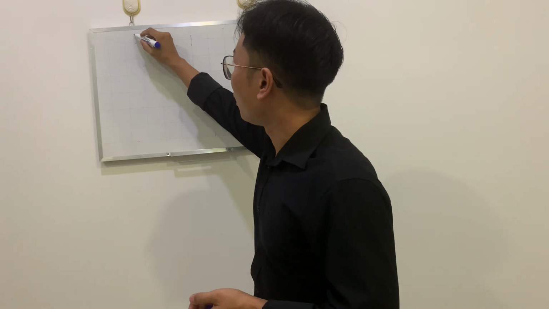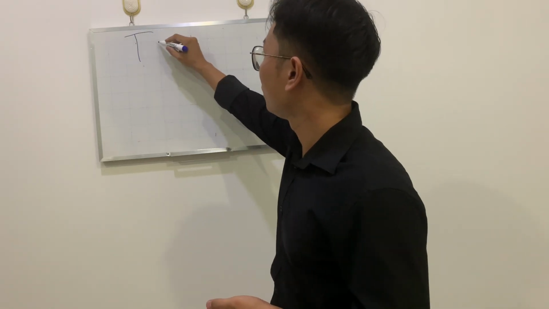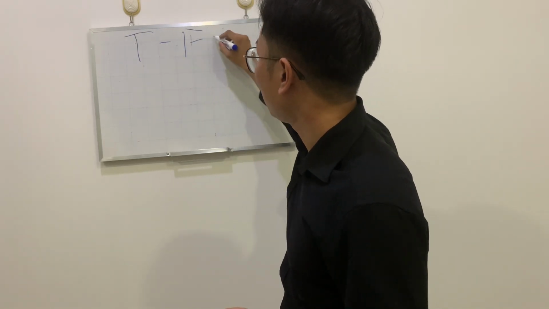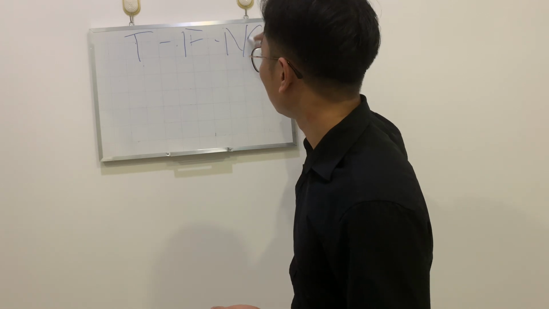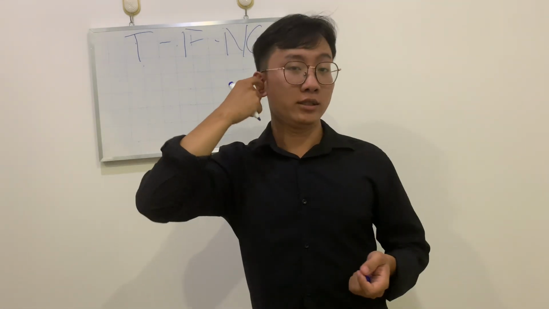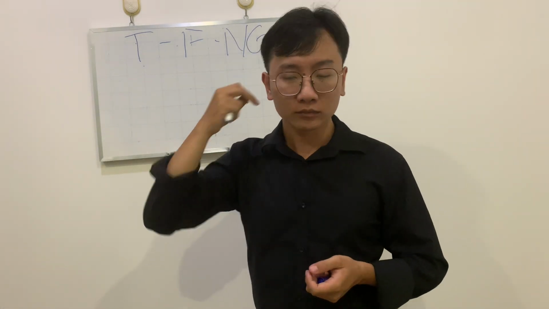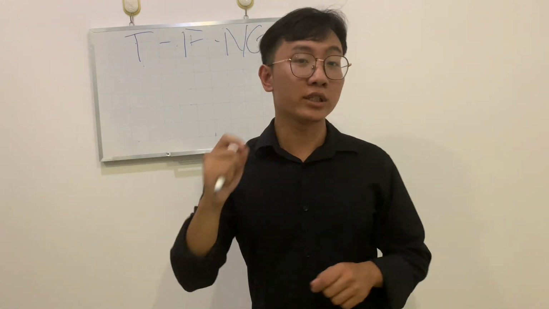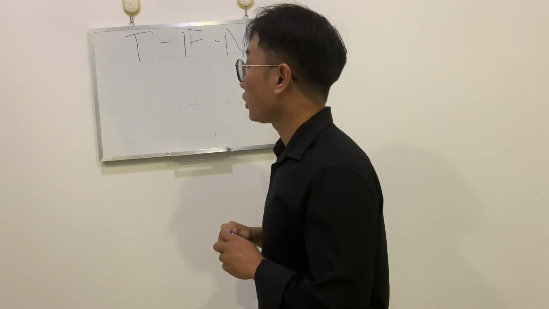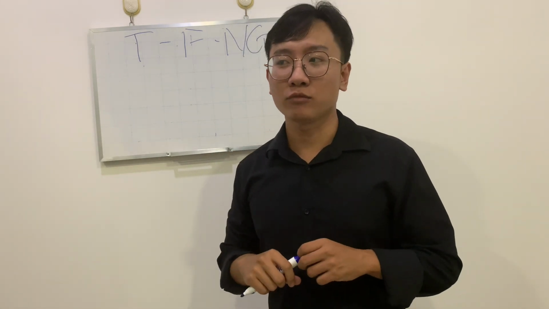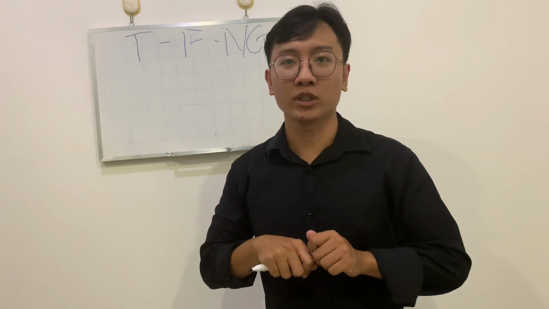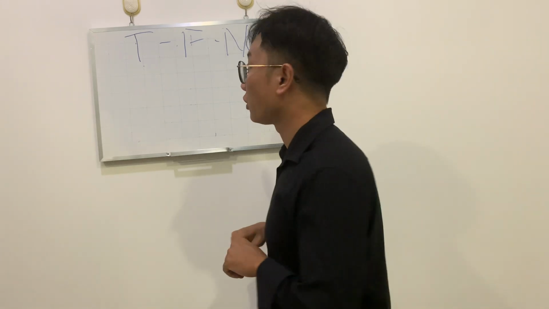It is called true, false, and not given. Now, the thing here is, first, we have to know if something is true, something is false, something is not given.